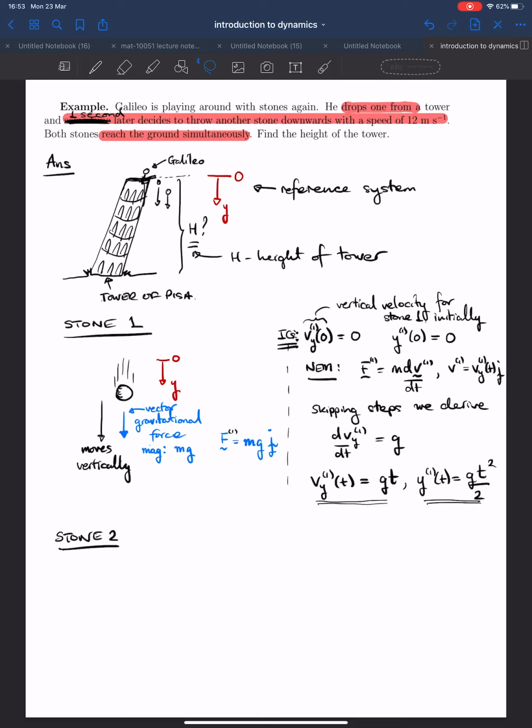Right, now stone 2. By the way, m is the mass of stone in this one. It doesn't really matter, because as you can see, the mass just goes out of the equation.